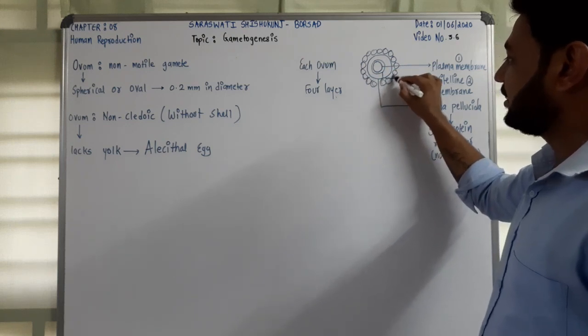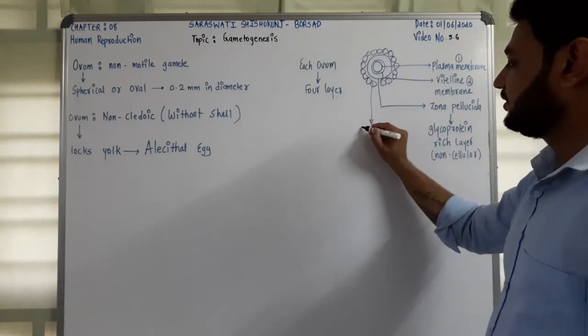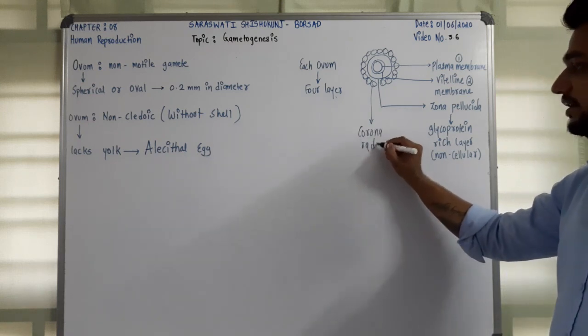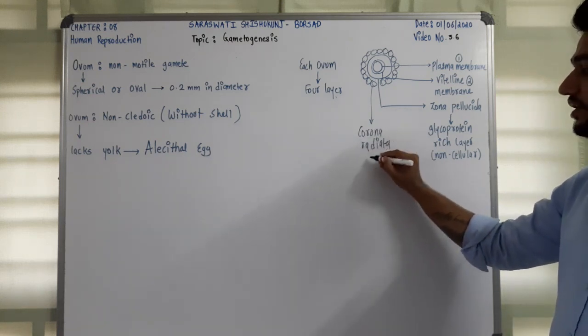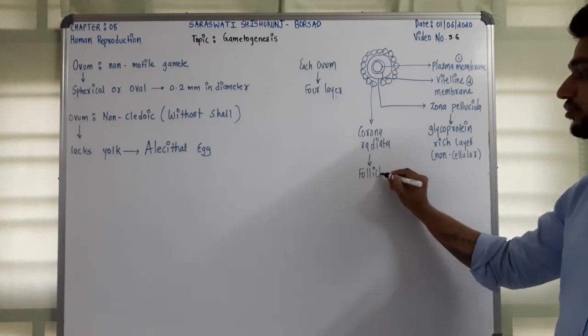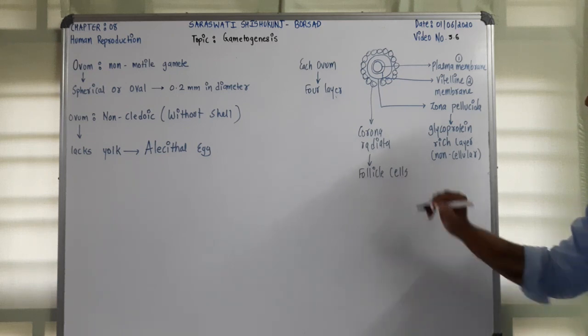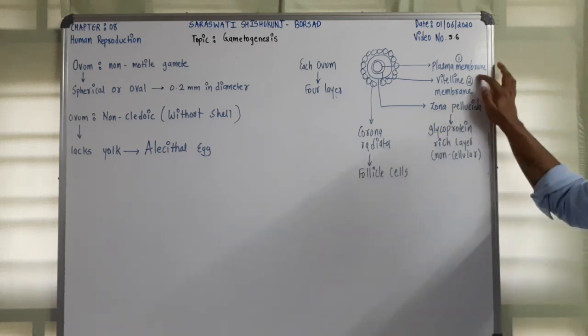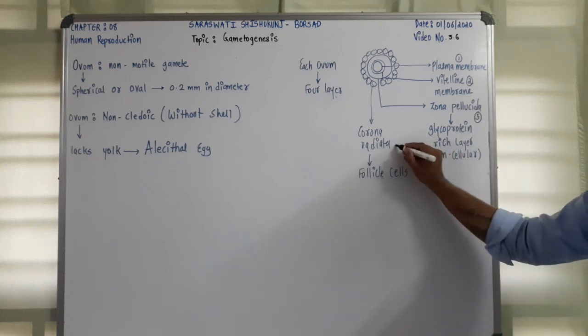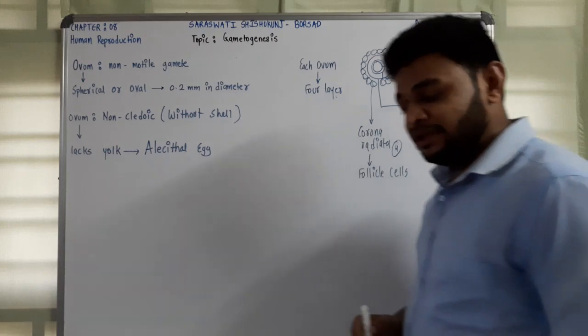These cells are follicular cells. This layer is referred to as the corona radiata, and it is formed of follicle cells. So in total there are 4 layers, right? Innermost is the plasma membrane, then the vitelline membrane, then the zona pellucida, and the fourth one is the corona radiata.